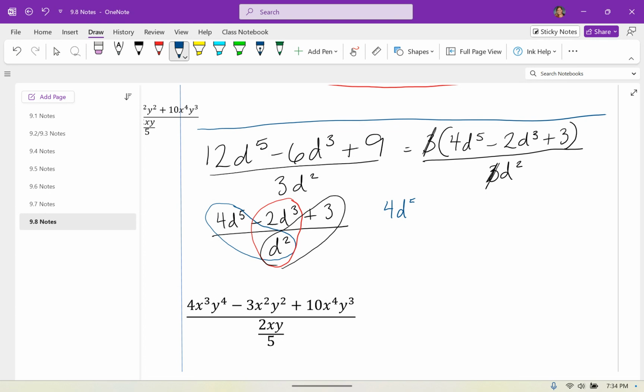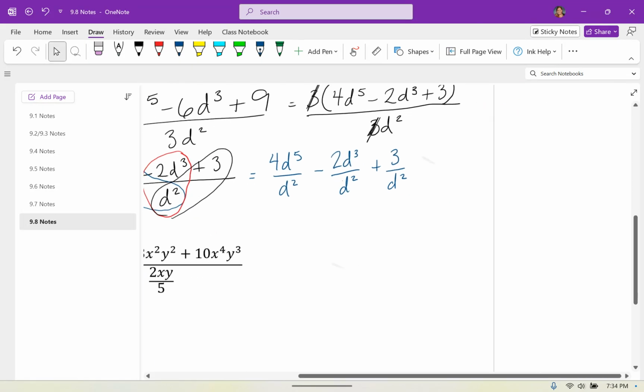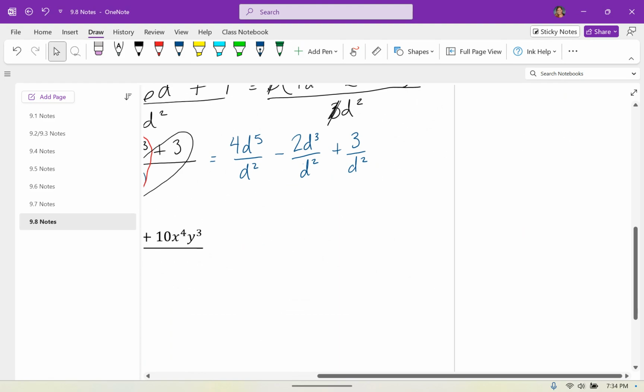4d to the fifth over d squared minus 2d cubed over d squared plus 3 over d squared. And I think we can simplify at least those first two terms, right? Because we know that d to the fifth over d squared is d cubed.